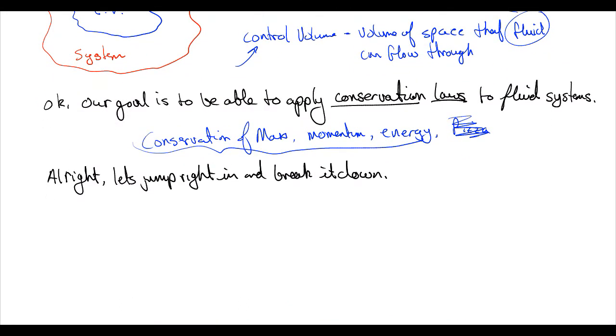All right. So let's do a little bit more defining here first. Capital B is the quantity we care about. And it is extrinsic. And extrinsic means that it depends on the amount of mass.